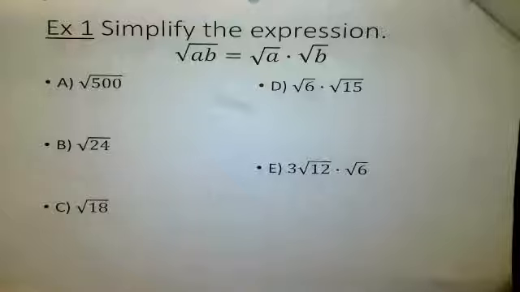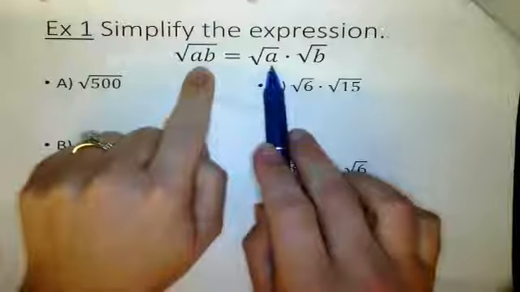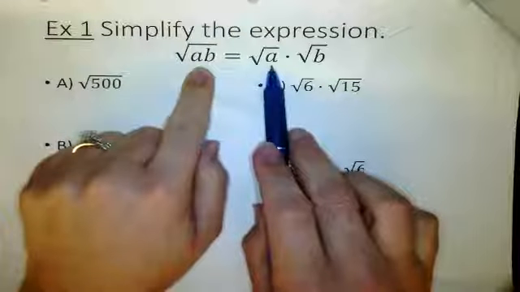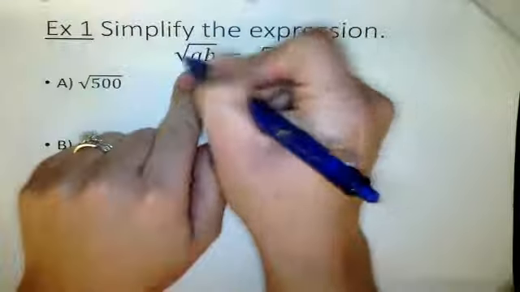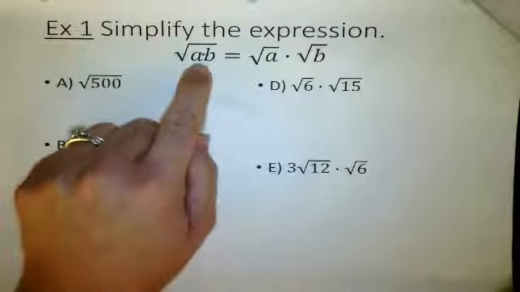I'm going to teach it again, but I'm teaching it differently than I would if I were teaching Algebra 1. To simplify a square root, this is one of our product properties of radicals. I have the square root of the number a times b under the radical.